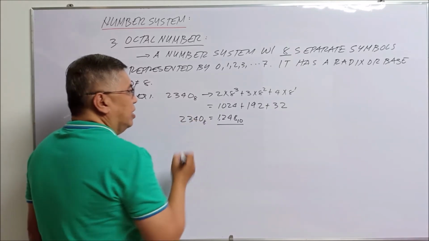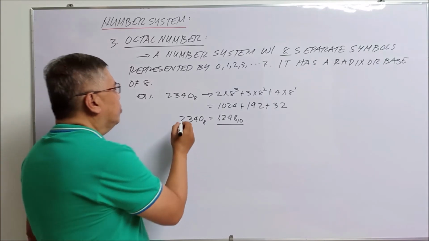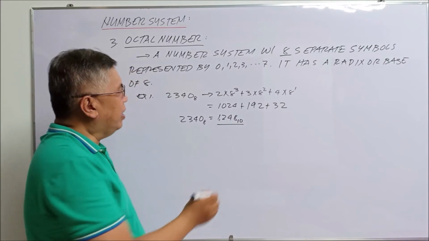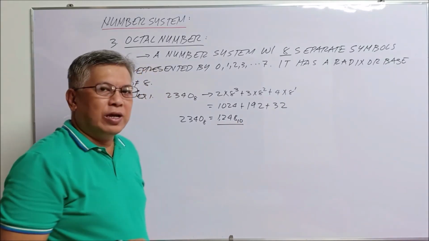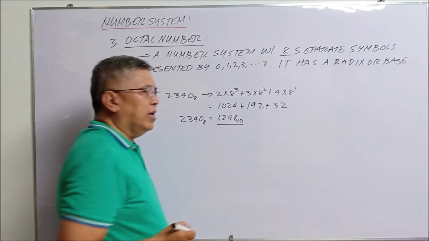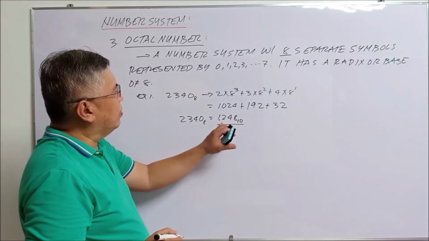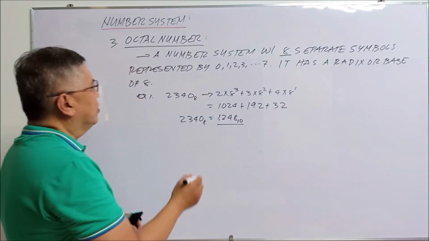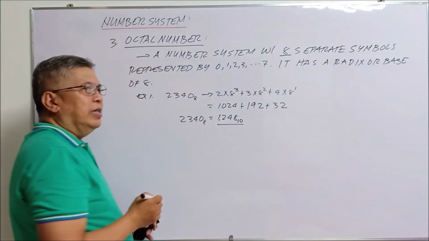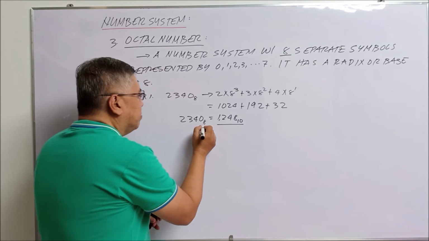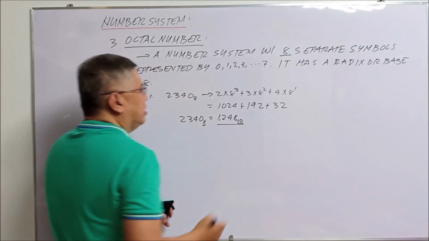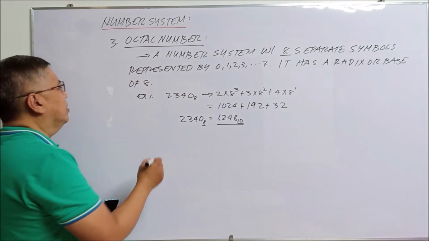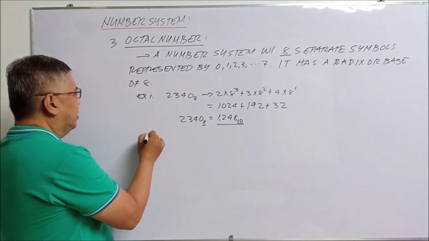You read this as 2340 of base 8. This one here you can read normally because it is a decimal number: 1,248 of base 10. These two are equal, because one is in base 8 and the other is in base 10.